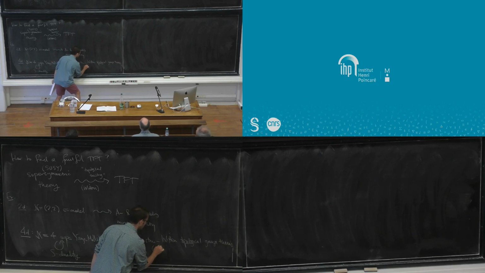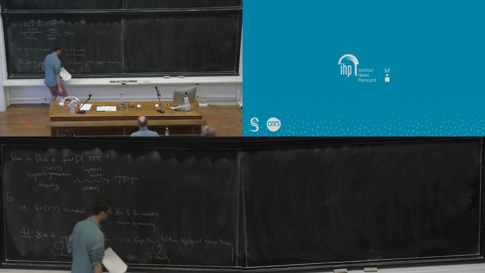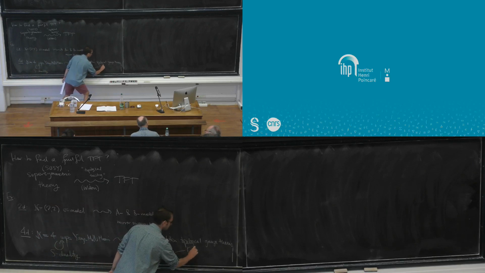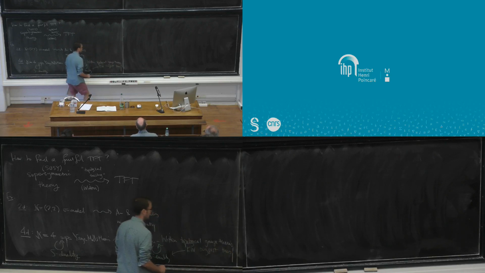So Kapustin and Witten predicted that this survives the twist. So there's a version of S-duality over here. And they suggest that this yields or produces the geometric Langlands correspondence.